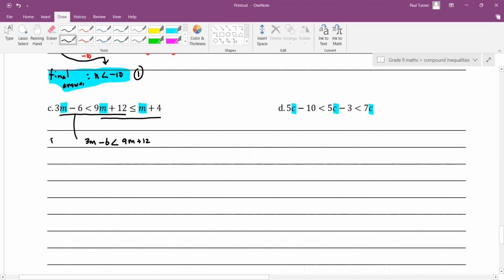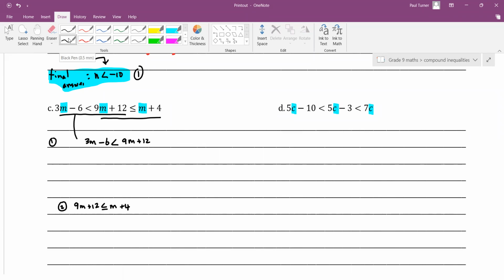This is inequality 1. And inequality 2, I'll write down here. So 9M plus 12 less than or equal to M plus 4. Okay, so you try to simplify these and see what happens.